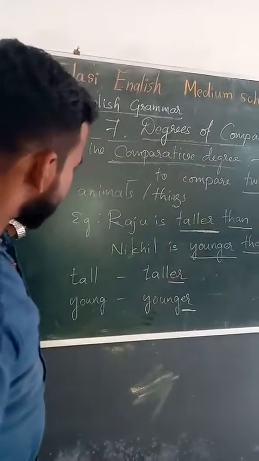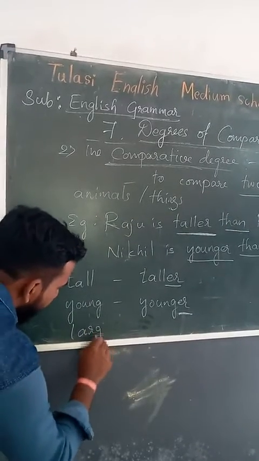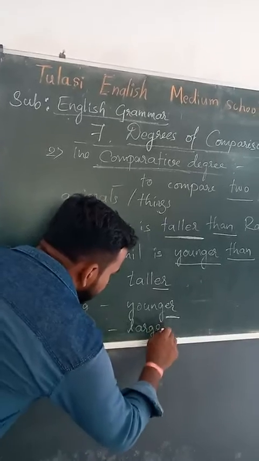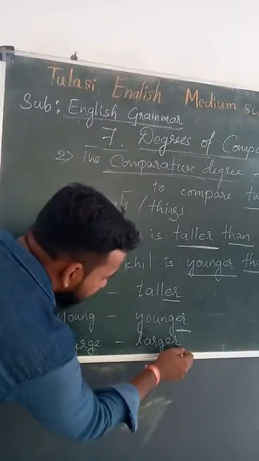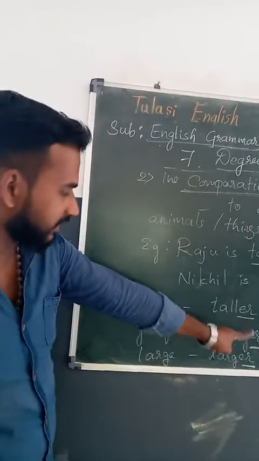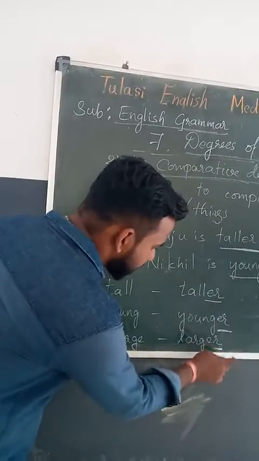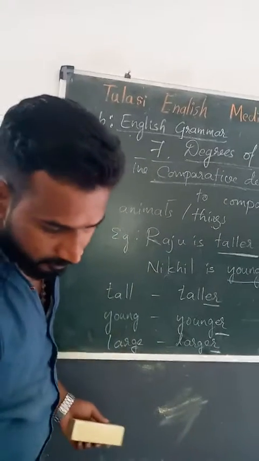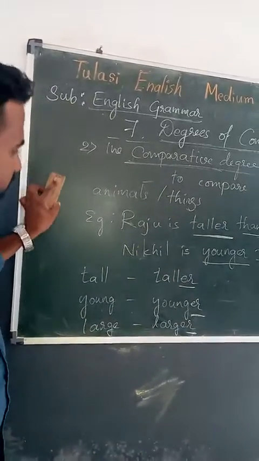In some cases, say, large, there is E here, we just added R. In some cases we add ER, in some cases we add just R.